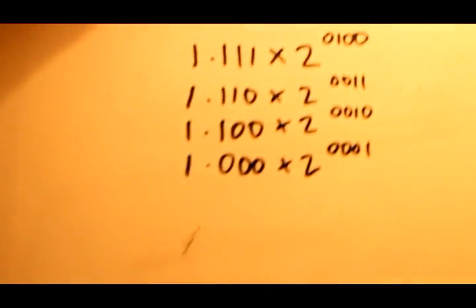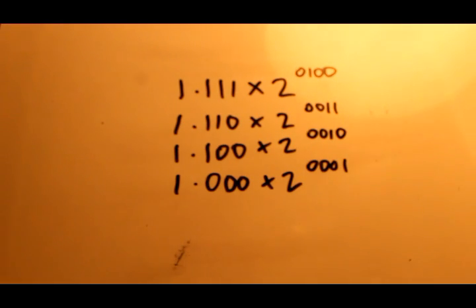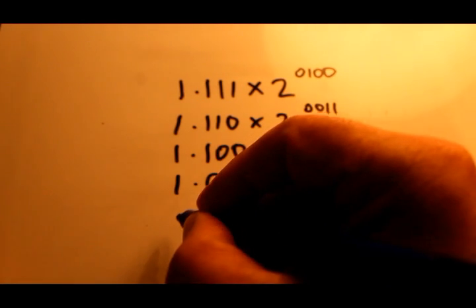Now we turn over and we deal with normalised negative numbers. Now negative numbers always start with a 1 and then numbers after the decimal point. So let's have a look at these numbers. Now you've probably worked out already they're all going to equal something very similar. So let's have a look at the first one.